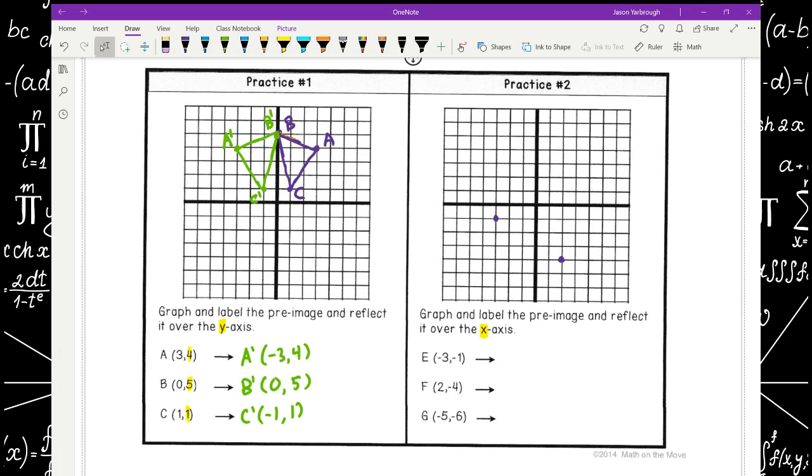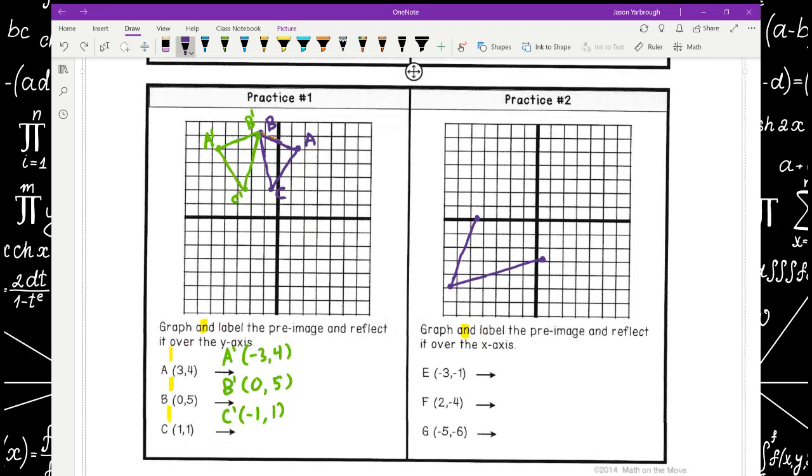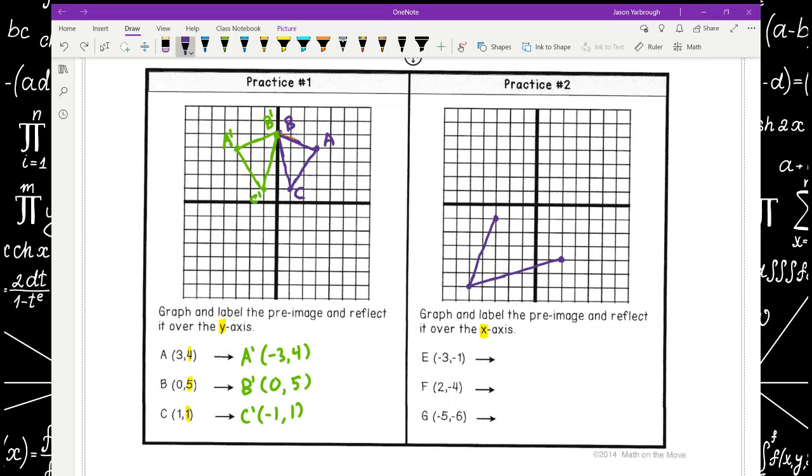Now that I have those 3, I'll connect the dots. Okay, and labeling the points. So here's E, F, and G.